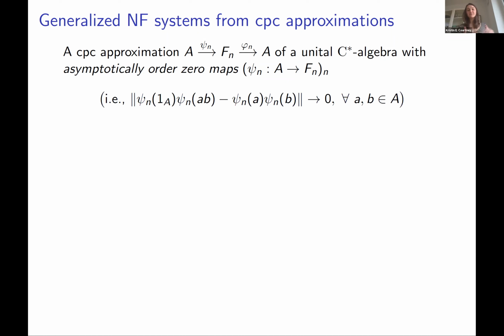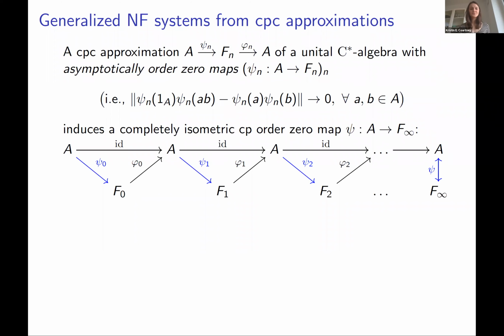And what I mean by asymptotically order 0 maps is that before, when we saw the definition of quasidiagonal, the downwards maps, the maps from A into the finite dimensional C-star algebras, were approximately or asymptotically multiplicative. Now they asymptotically satisfy this order 0 criteria.